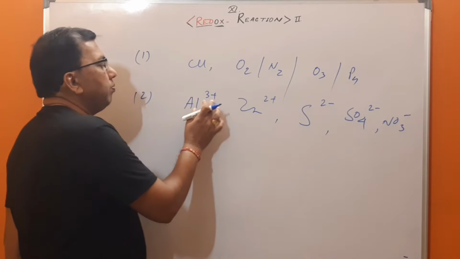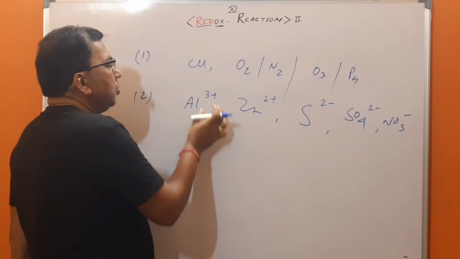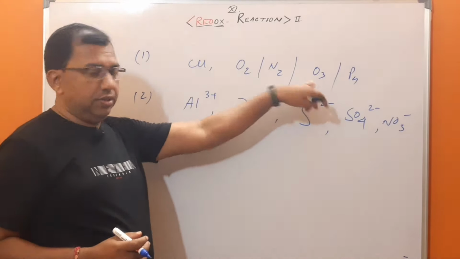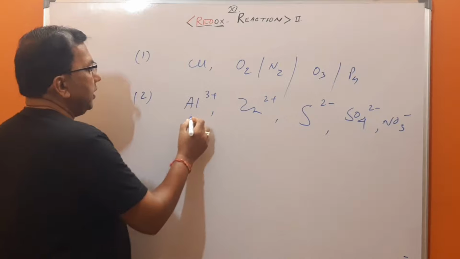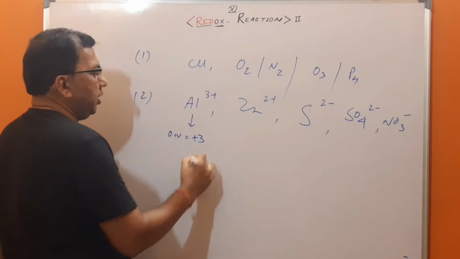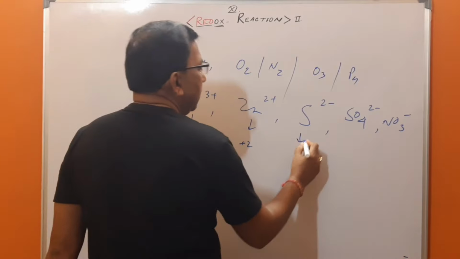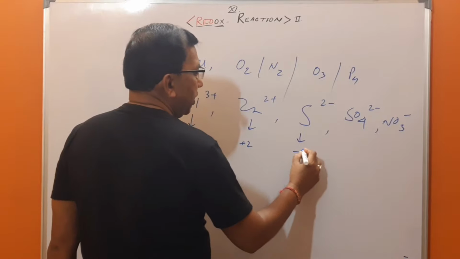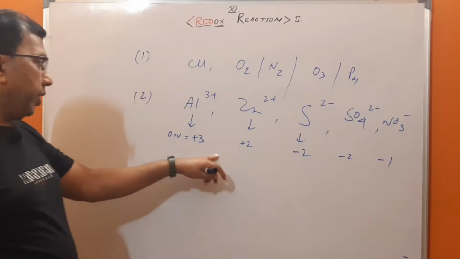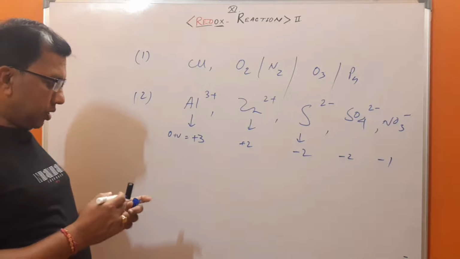In case of aluminium, Al3+, it is the ionic condition, so the oxidation number will not be 0 as in the elementary state. It will be the value of the charge: for aluminium it is +3, for zinc +2, for sulfur -2, for SO4 it is -2, and for NO3 it is -1. In this way, it is the charge within it. Clear? Number 2 is completed.